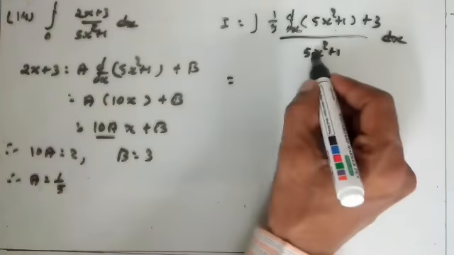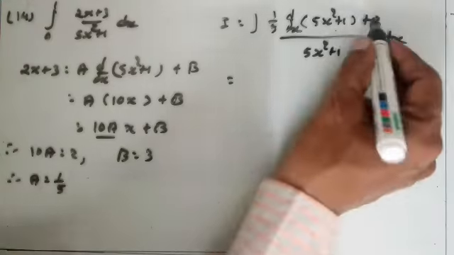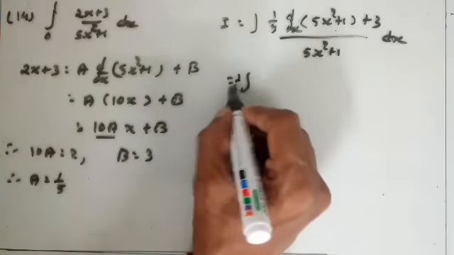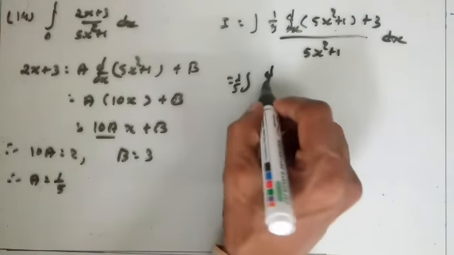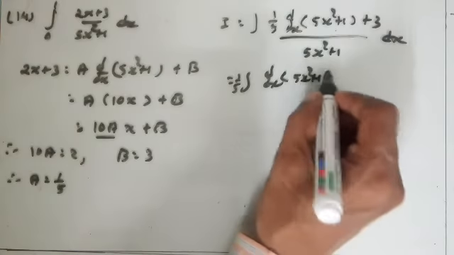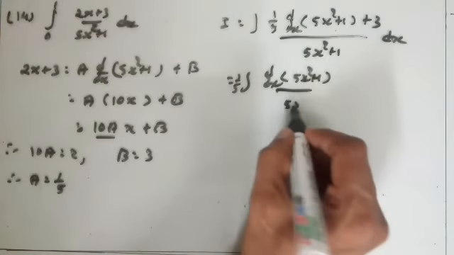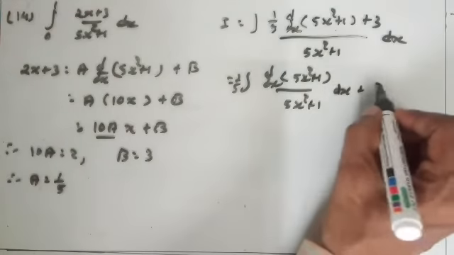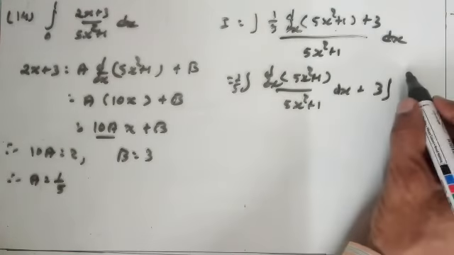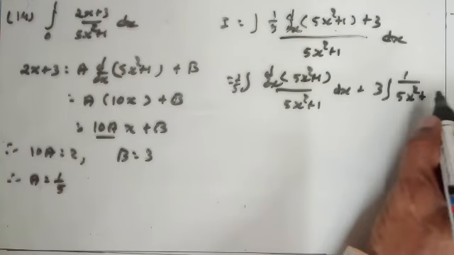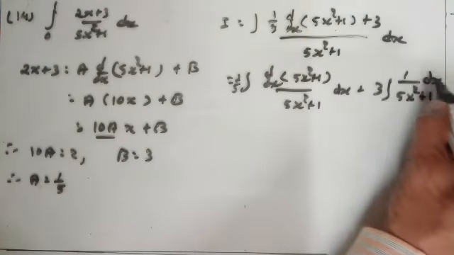Now dividing by 5x² + 1 to both terms: integration, here 1 upon 5 take outside, d/dx of (5x² + 1) upon (5x² + 1) dx, plus 3 take outside, integration 1 upon (5x² + 1) dx.